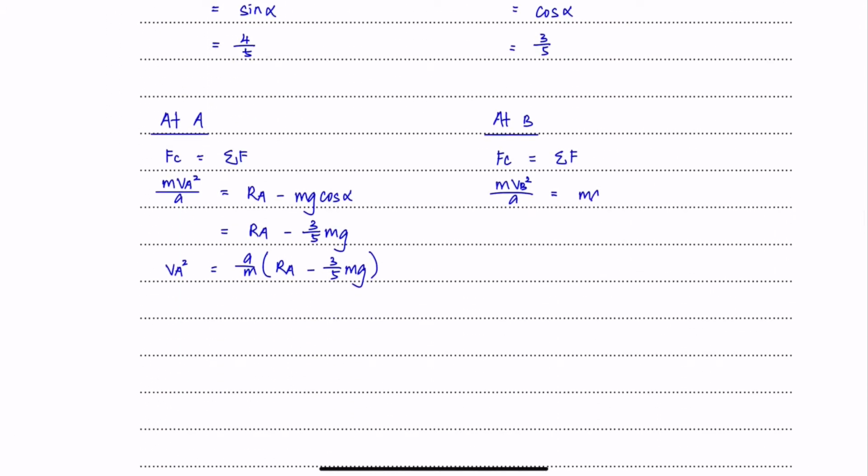And this equals 4 over 5 mg minus Rb. So Vb squared would be a over m times 4 over 5 mg minus Rb.